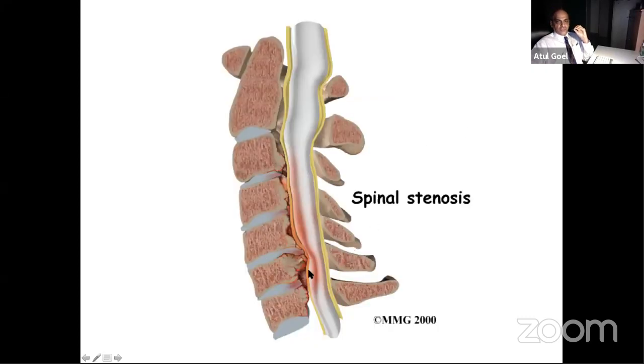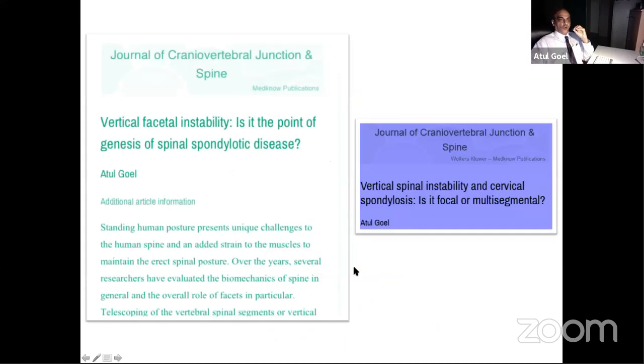So this is a very wrong image that has been introduced, that there is a problem with the disc. This is not the issue. So I want to introduce to you, my dear friends, a very fantastic new revolution in spine surgery. Today I will give you some brief introduction.